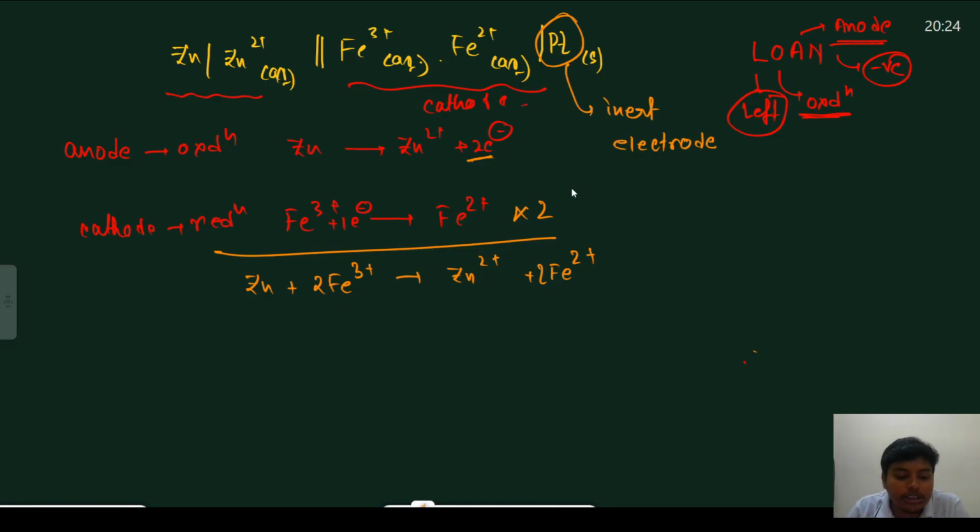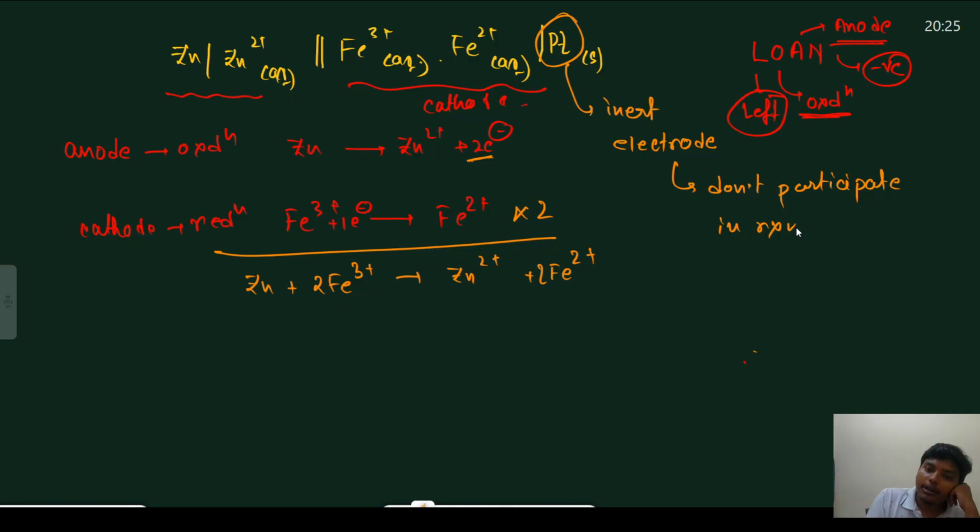It will not participate in the reaction. It is used only for the flow of electrons. Inert electrode means it does not participate in the reaction. Clear this thing? Understood?